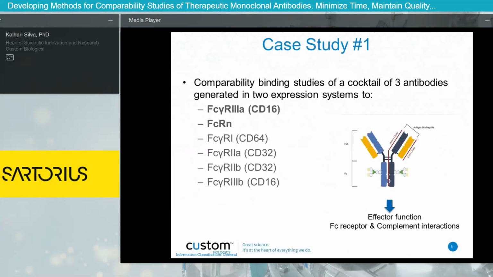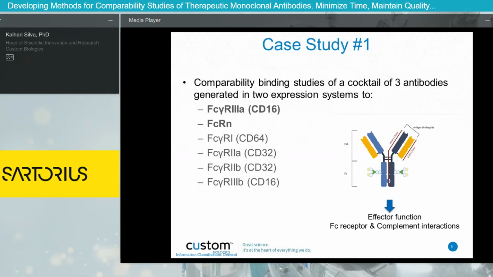So moving to case study one. Here the client had a cocktail of three antibodies, which was generated from one expression system. As the client migrated from one expression system to another, we were supposed to identify the comparability, or how the binding of the three antibodies to the Fc receptors changes from one expression system to another.